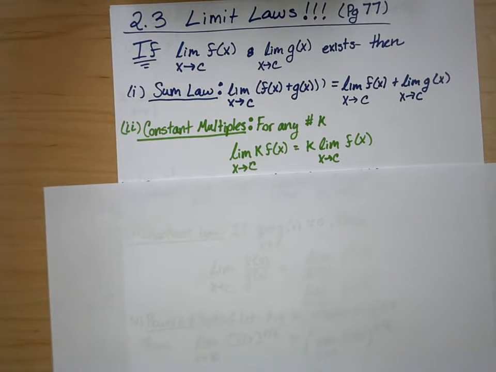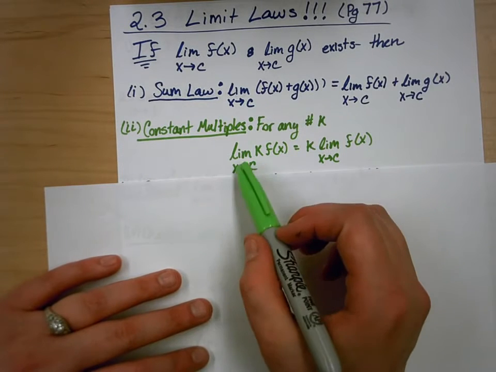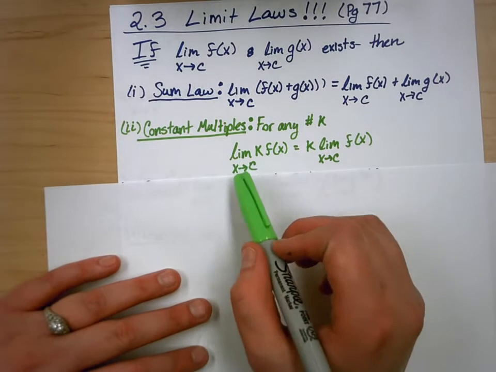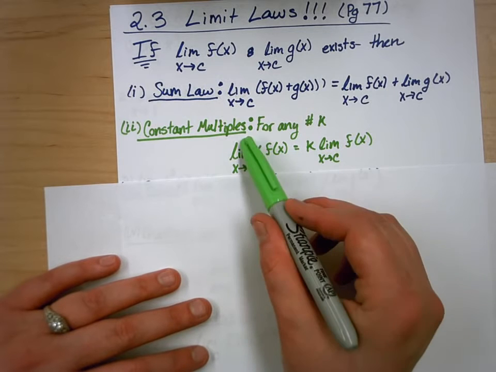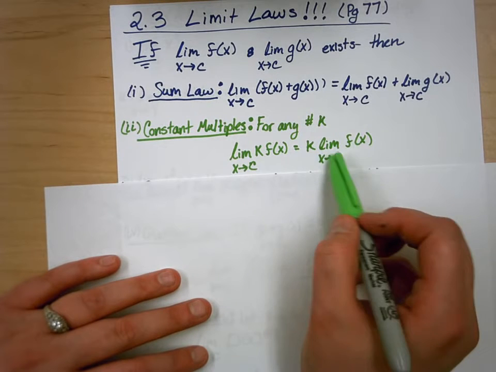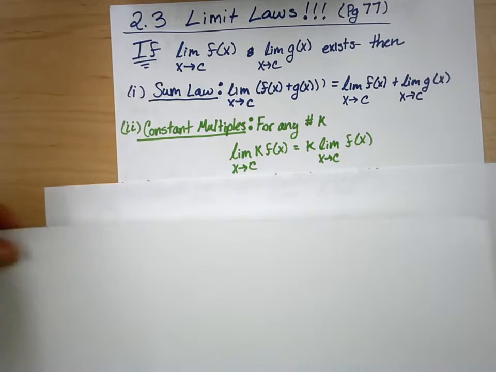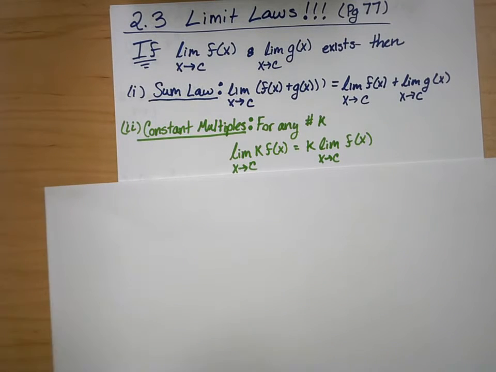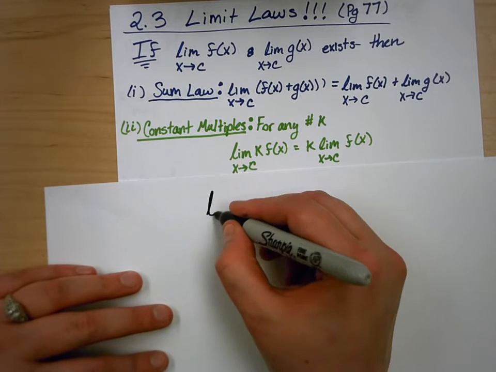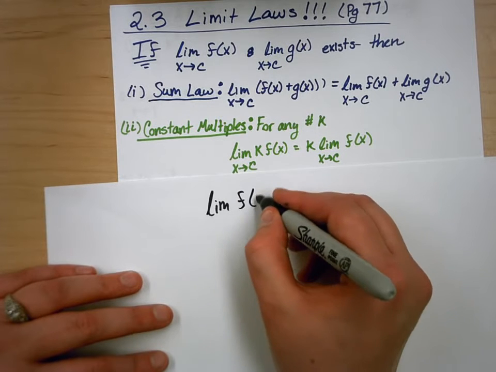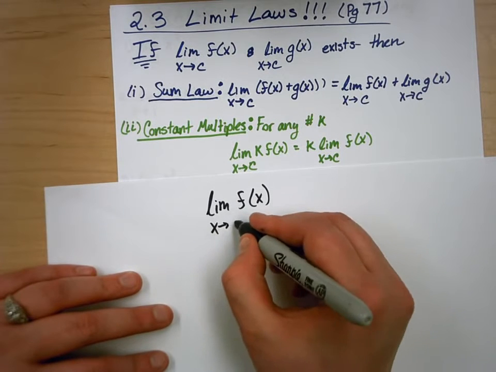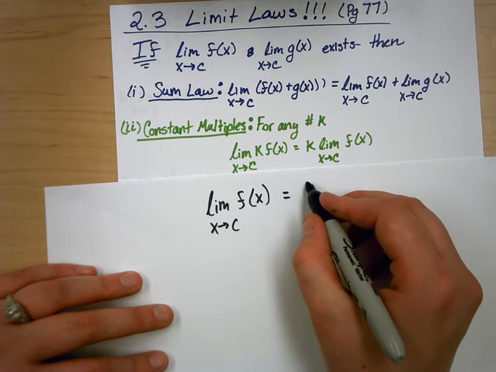Next, constant multiples. If we have a constant k, then if we have the limit of k f of x as x goes to c, we can pull that k out and then take the limit of f of x as x approaches c. A quick example of that one: say we had that the limit of f of x as x approached c was given as 5.